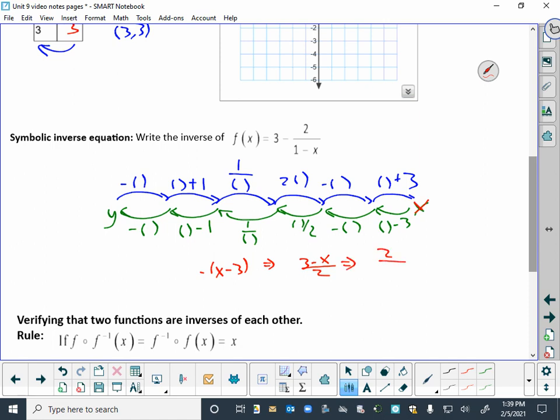Okay, that's a 2 over 3 minus x. And then we want to subtract 1 from the whole thing and then change the sign on everything, which will change it to a positive 1 minus 2 over 3 minus x. This, we call that f inverse of x.